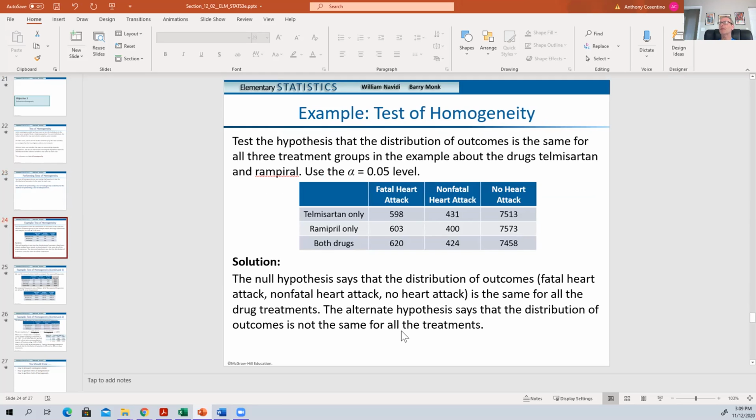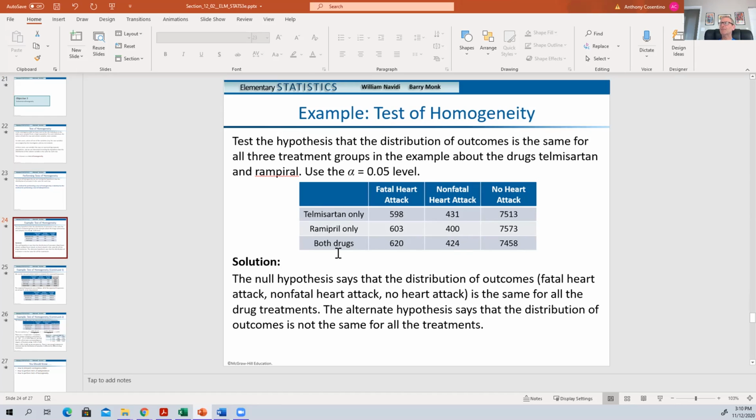You can see the 2 drugs there. I'm not sure how to say this, but I'll give it a shot: Telmisartan and Ramipril. These would be the 2 drugs, and they are given separately. And then the last row we have here is both drugs together.